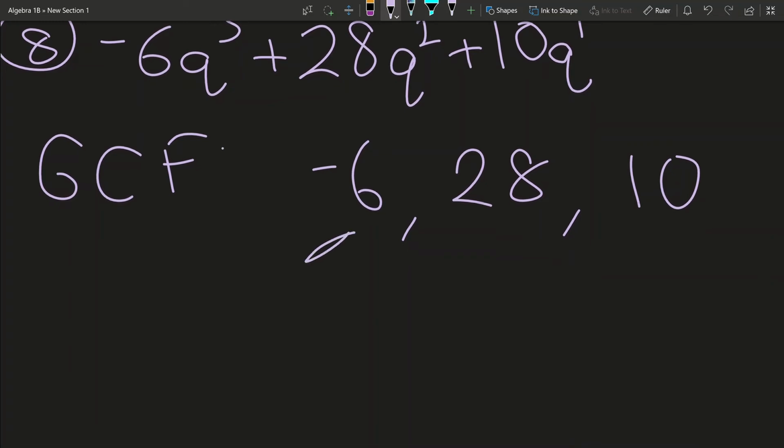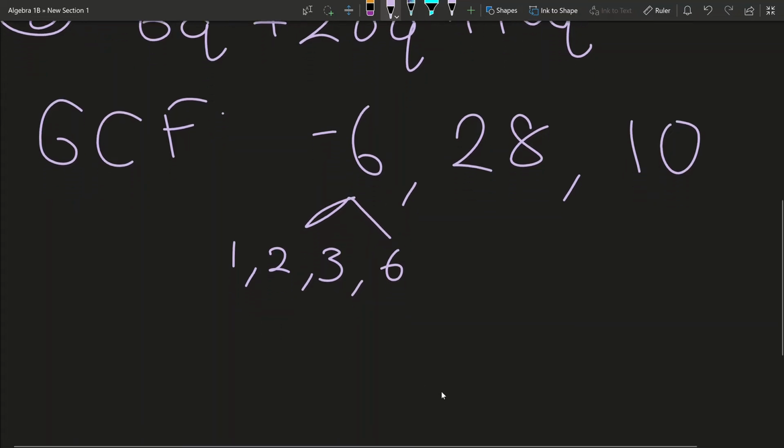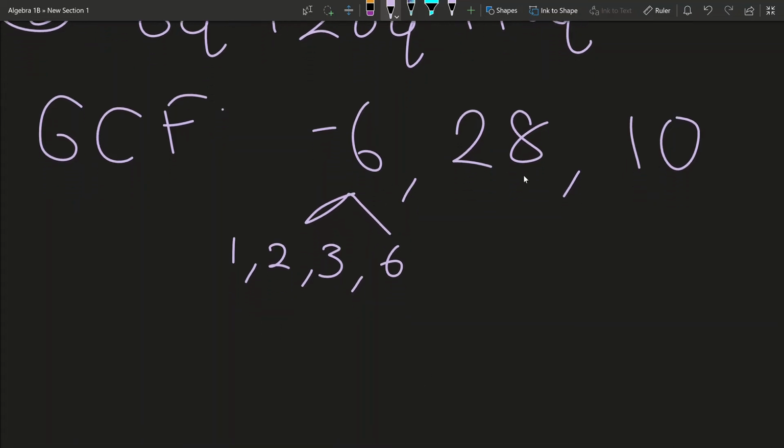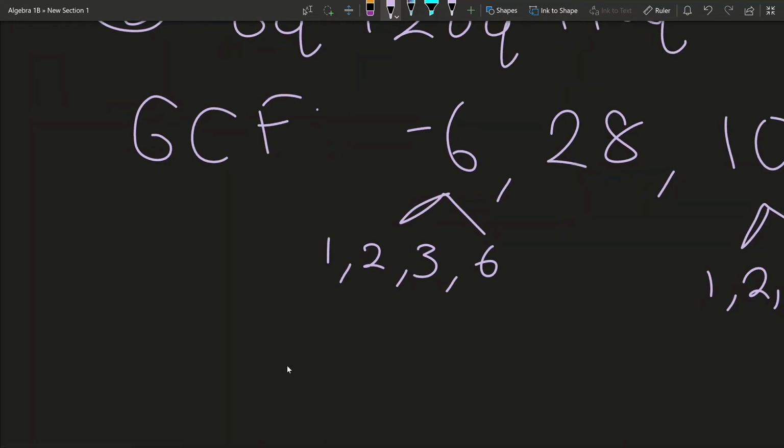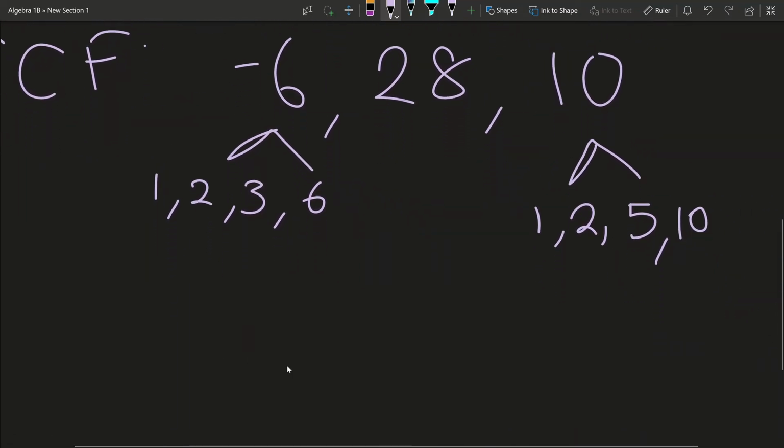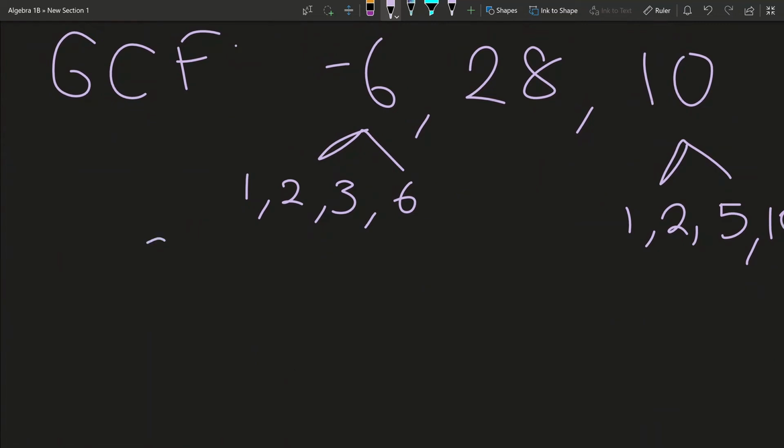To do this, you can find the multiples. 1, 2, 3, 6, and so forth. 10 cannot be divided by 3. So we automatically know that 3 is not the biggest one. So let's go ahead with 2. So the GCF for this one is going to be equal to 2.